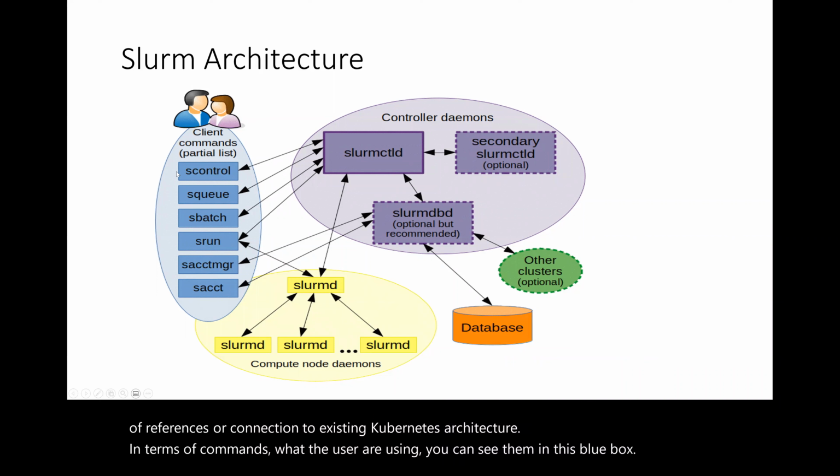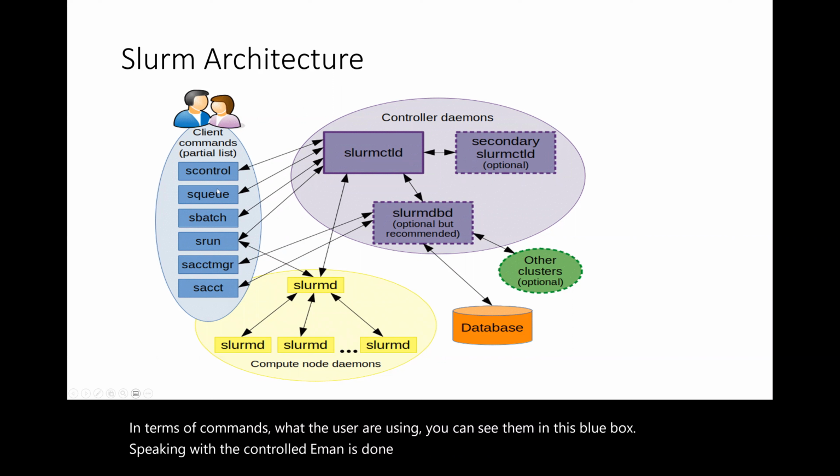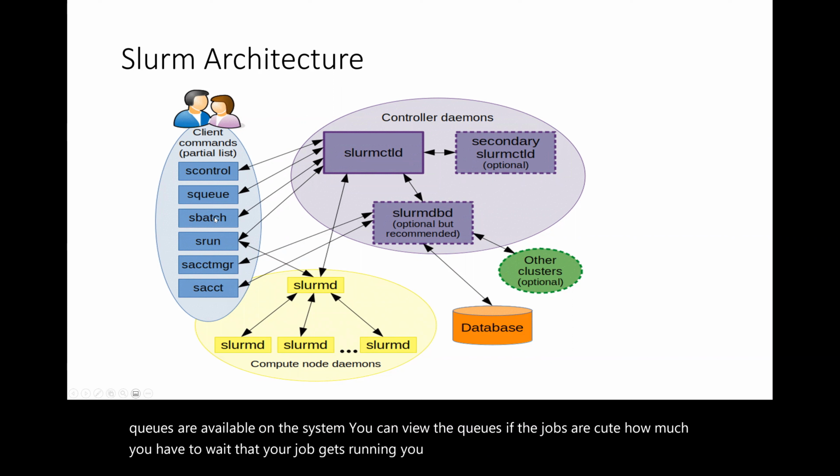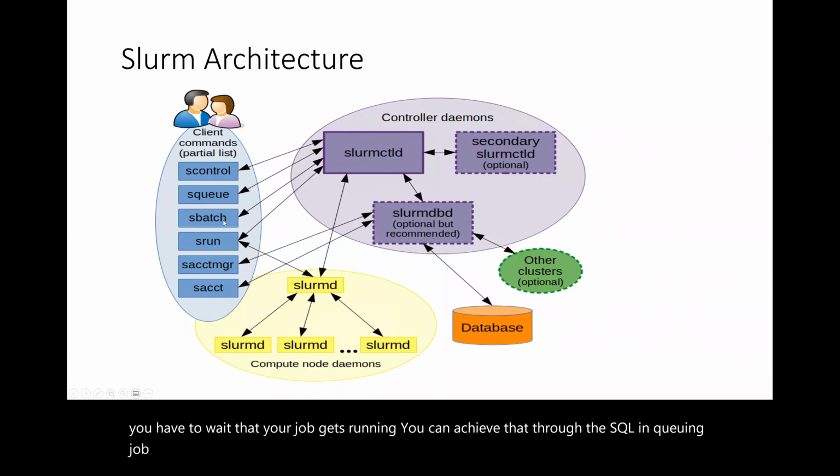In terms of commands, what the users are using, you can see them in this blue box. Speaking with the control daemon is done with scontrol, basically. With squeue, you can ask what queues are available on the system. You can view the queues, if the jobs are queued, how much you have to wait until your job gets running. Enqueuing a job happens with sbatch.